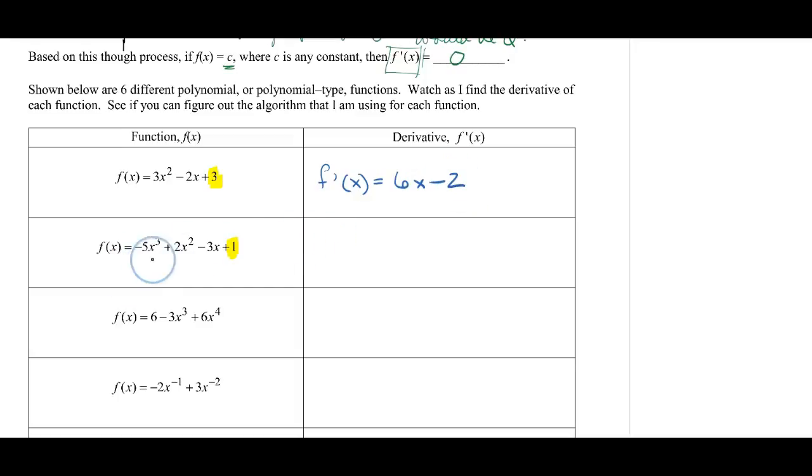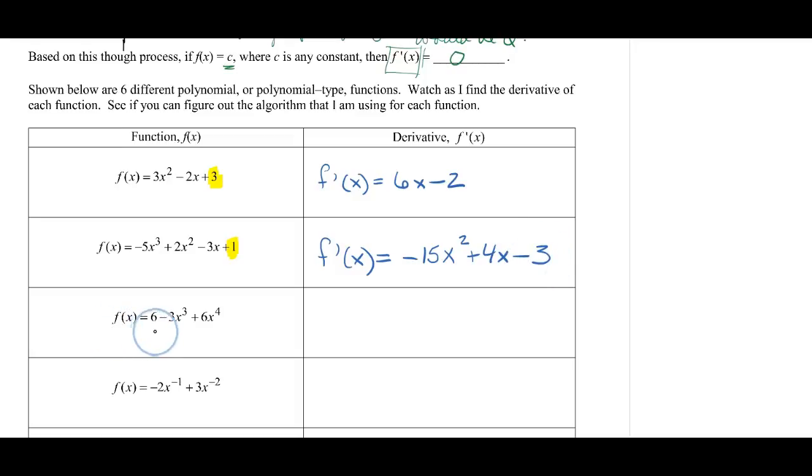My second function is negative 5x cubed plus 2x squared minus 3x plus 1. And the derivative of my second function is negative 15x squared plus 4x minus 3.